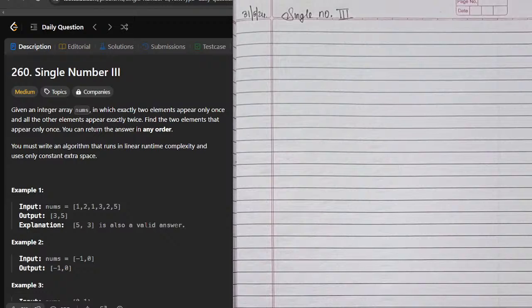So let's just start with no doubts on ourselves, being positive that we are now capable enough to solve all these problems, may it be easy, medium, or hard. So let's pray to our God. Jai Shri Ram.